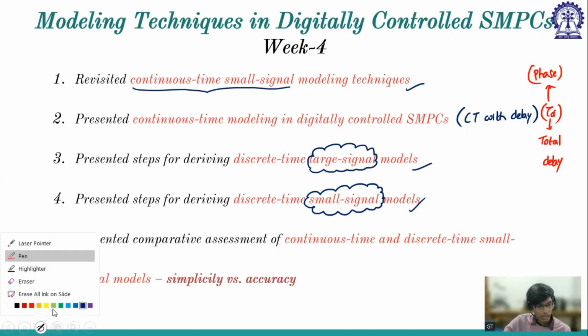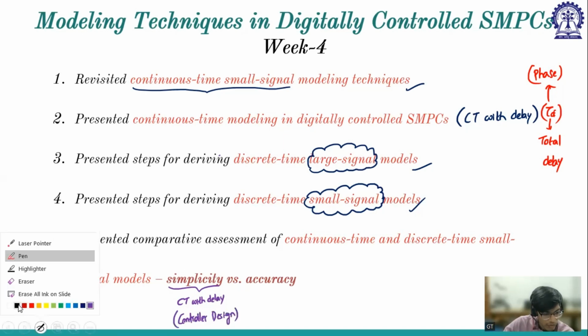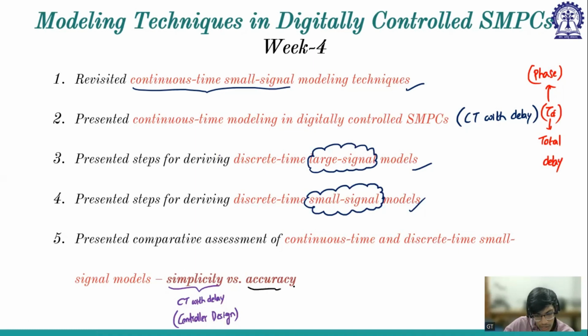And we came to a conclusion that continuous time with delay will make our lives much easier and simpler when it comes to the controller design, whereas it is not quite accurate when it comes to the stability aspects, for which we should go with the discrete time model for stability.